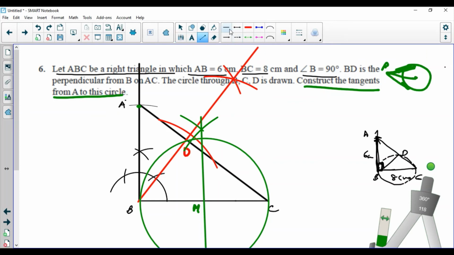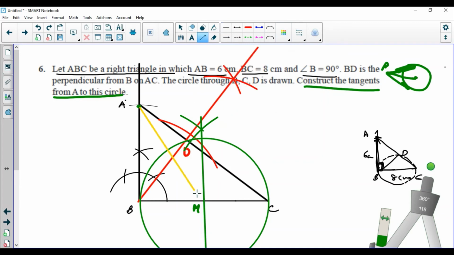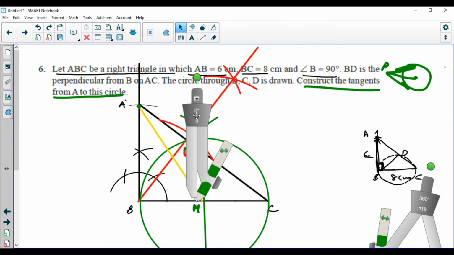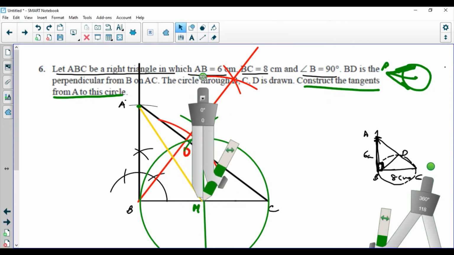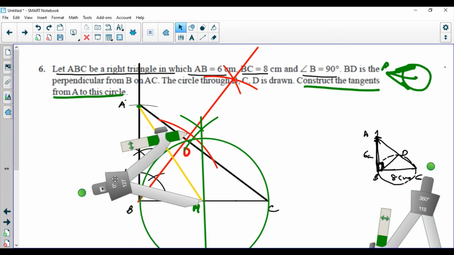So first we will join A and M. Now perpendicular bisector of AM. So more than half we will take.